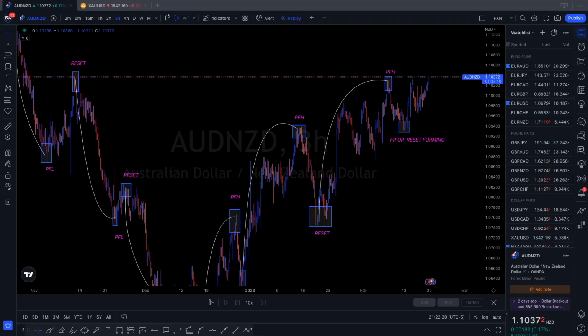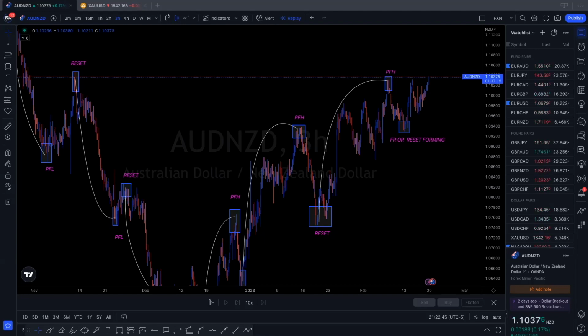So yeah, you could make more money faster, but you could also lose it faster as well. The lot sizes work the same on gold. It's just the actual pip value of gold is much higher than any of the other pairs.